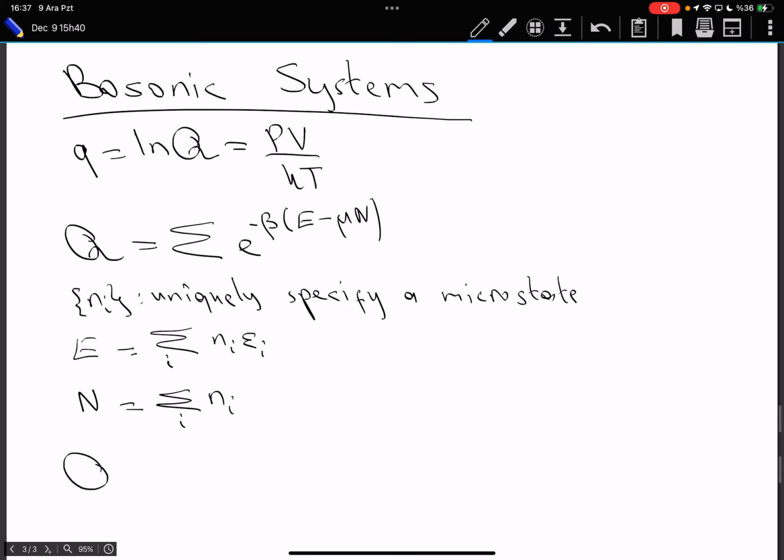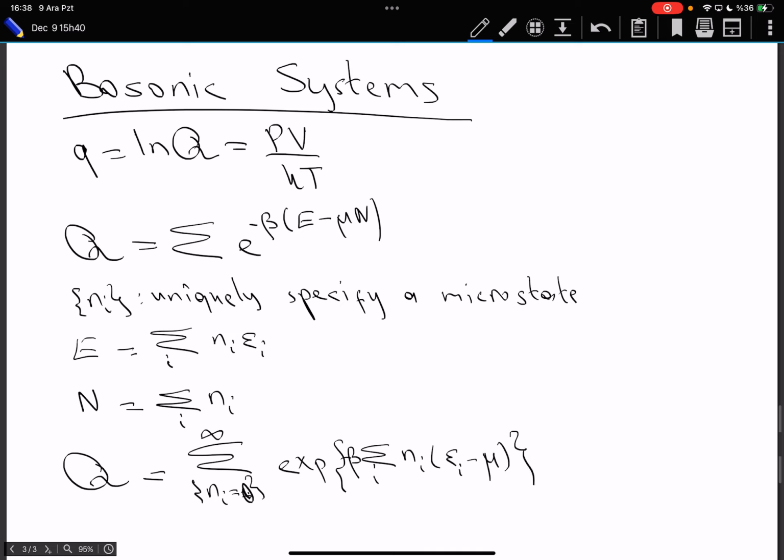And then the Q potential became the sum over each one of these N_i's from 0 to infinity, it's a bosonic system, I can have infinitely many particles in the same microstate, of e to the power minus beta, sum over i of N_i (epsilon_i minus mu).